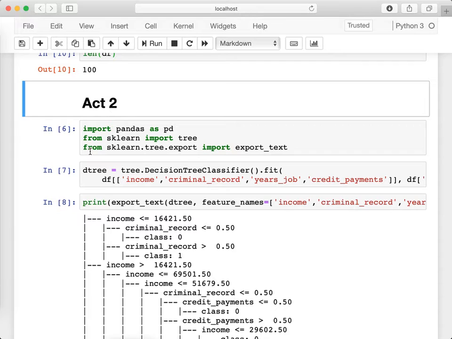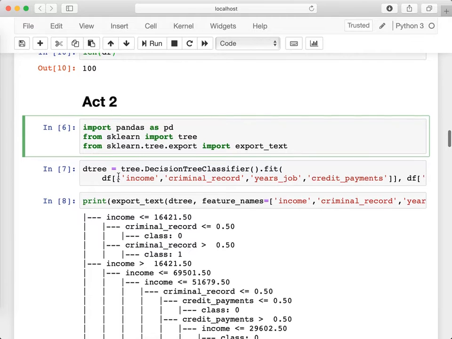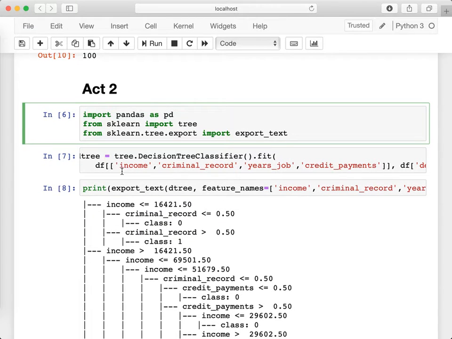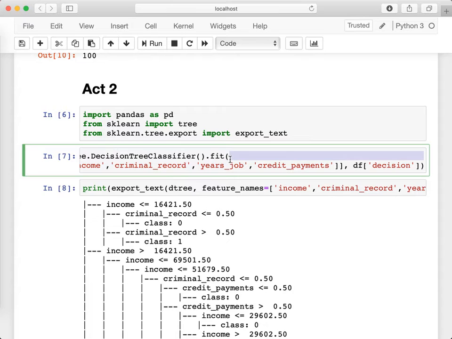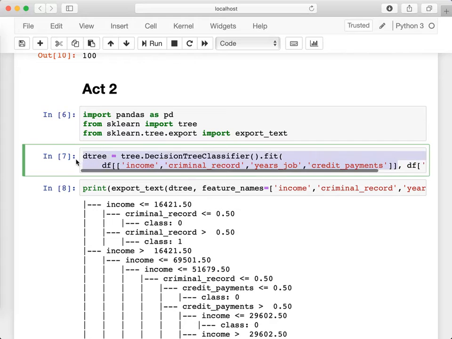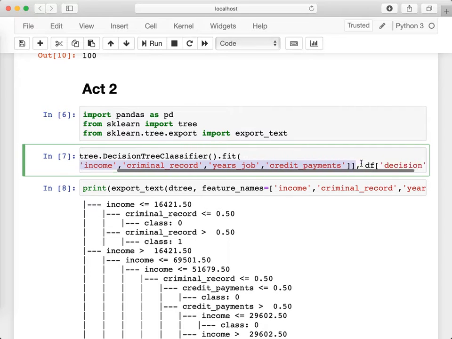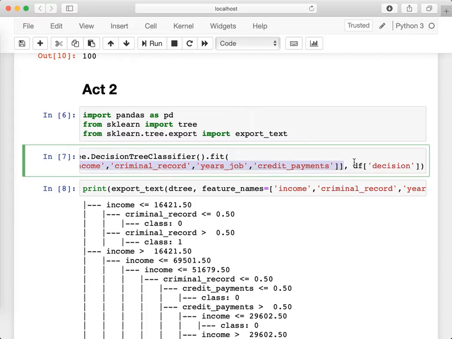The basic idea here is that as machine learning designers, we select the model that we want to fit using the data. So we supply the model the data we have on hand, and this is called the training data. This example of training is what we call supervised training because we have the input, which is the income, criminal record, years in job, credit payment, as well as the desired output, which is the decision on the loan application.